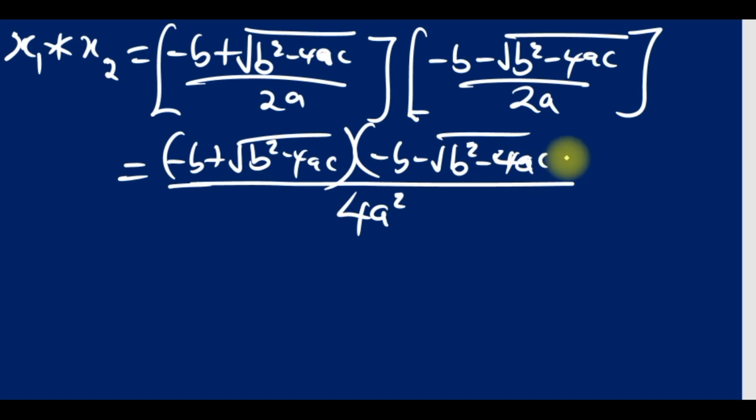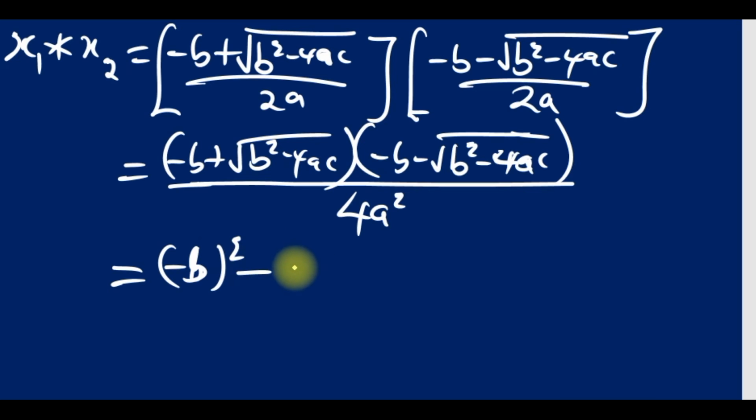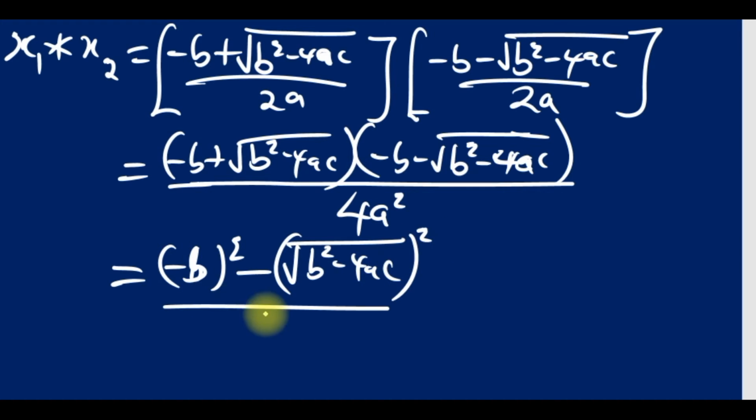So you can see that it's now a difference of two squares. What is here is here. What is here is here. So we can write it as minus b all squared minus the square root of b squared minus 4ac all squared, over 4a squared. So minus b squared is b squared, minus the square root squared.